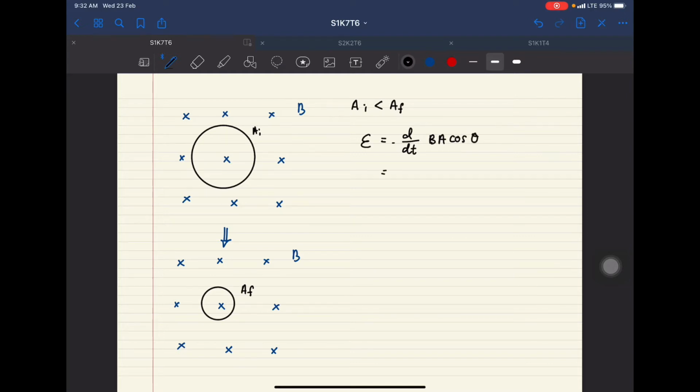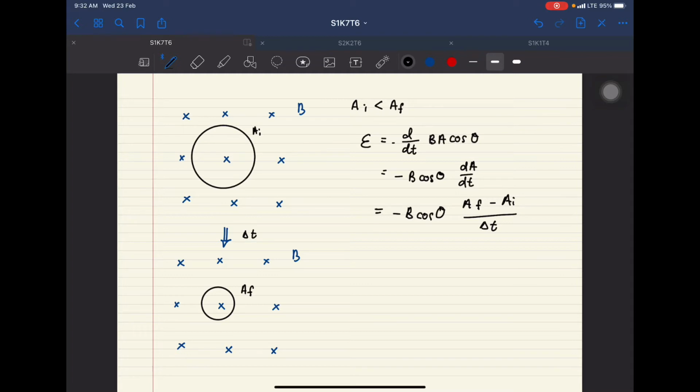I can factorize everything other than A, so it becomes negative B cos theta. In this case, theta is 0 degrees, so cos 0 is 1, times dA over dt. Then I can write A final minus A initial divided by the time taken for this event to occur.